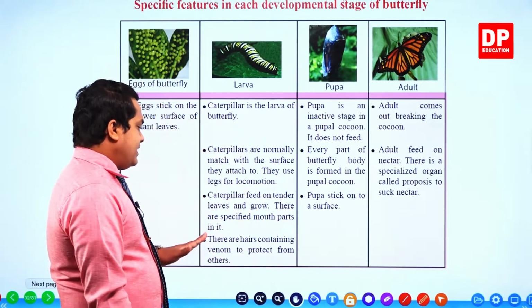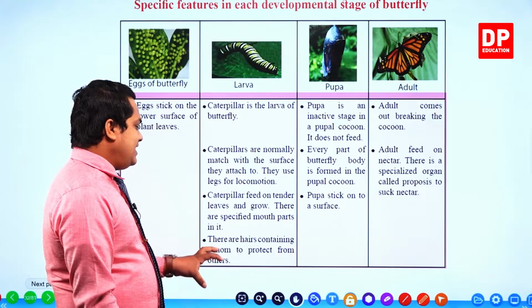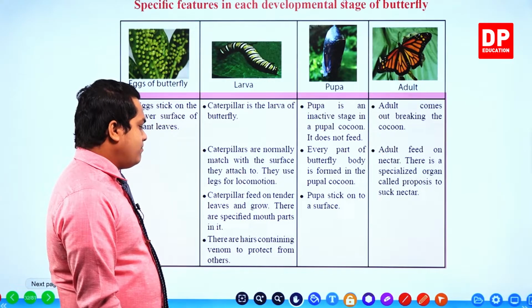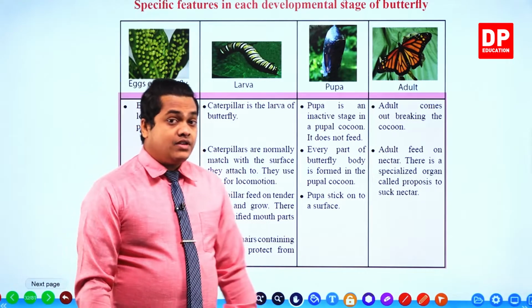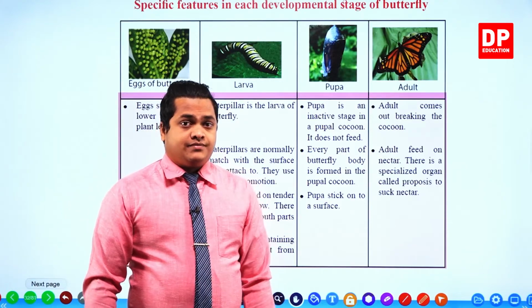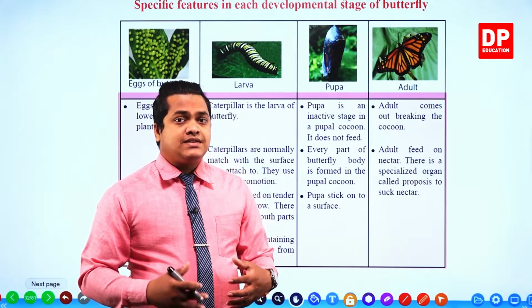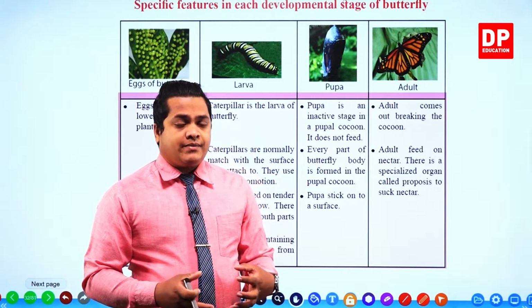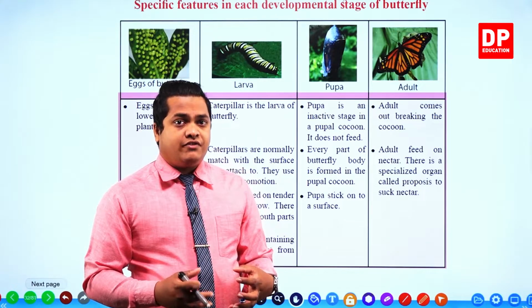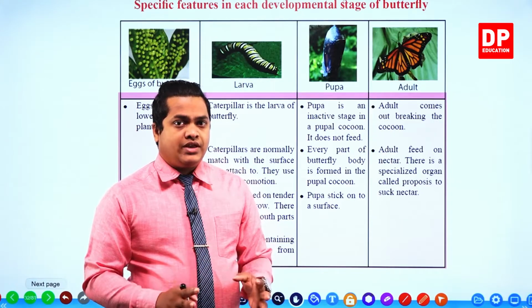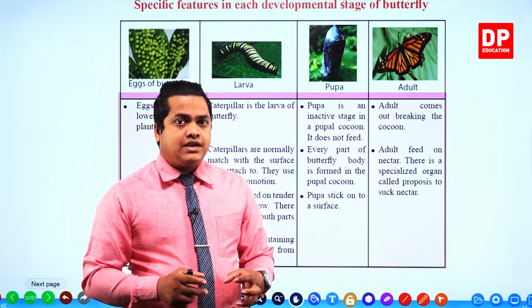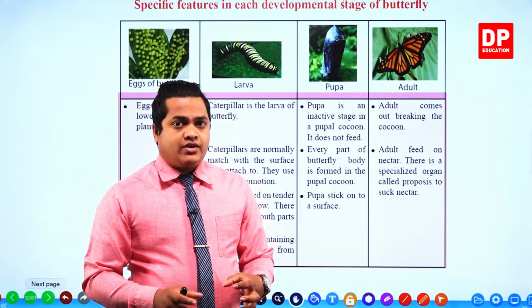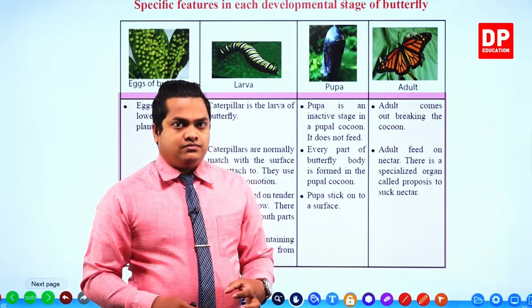Then there are hairs containing venom to protect from others. Other than the camouflage, my dear children, caterpillars are having special kind of venom. Within the body, there are hairs, and within these hairs, we can observe that venom.